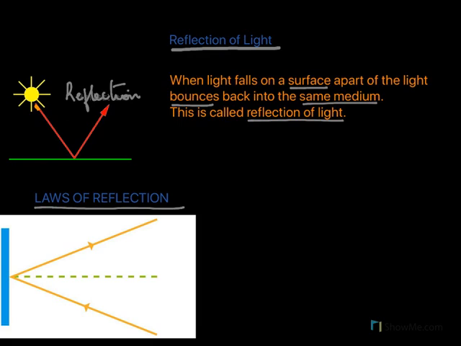To understand the laws of reflection, first we will see what we mean by the incident ray. The incident ray is the ray that comes in and hits the surface. And the ray that reflects back, which goes back into the same medium, is called the reflected ray.